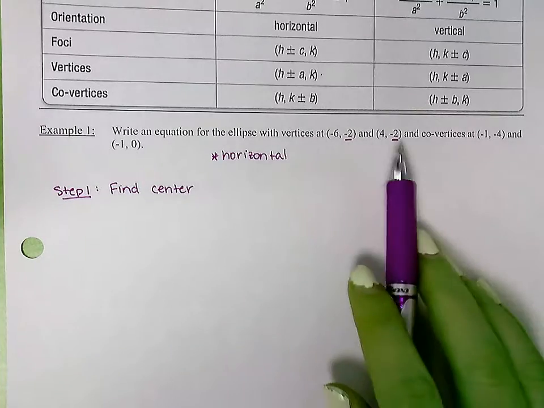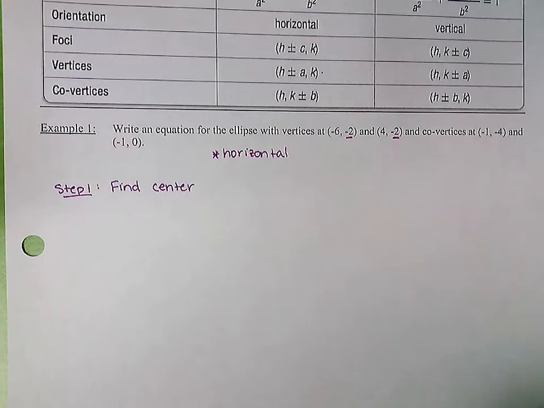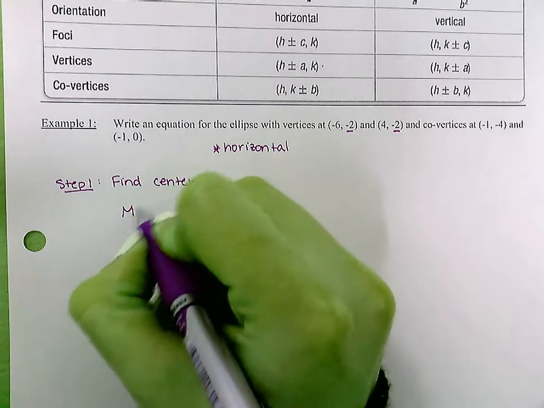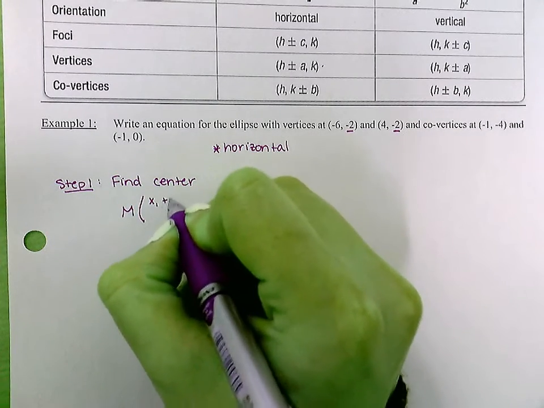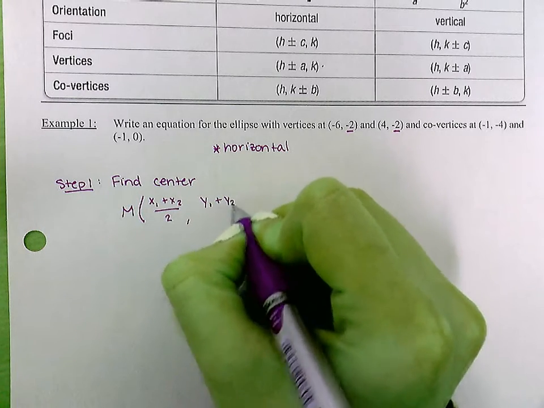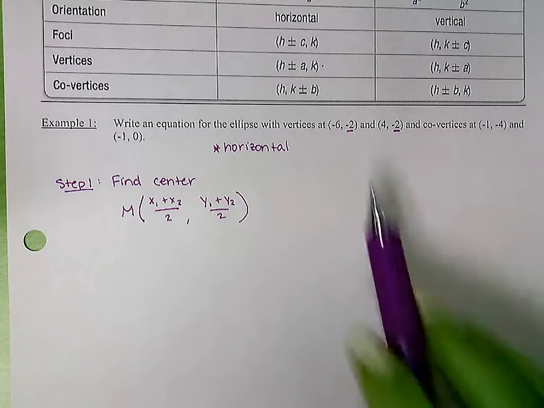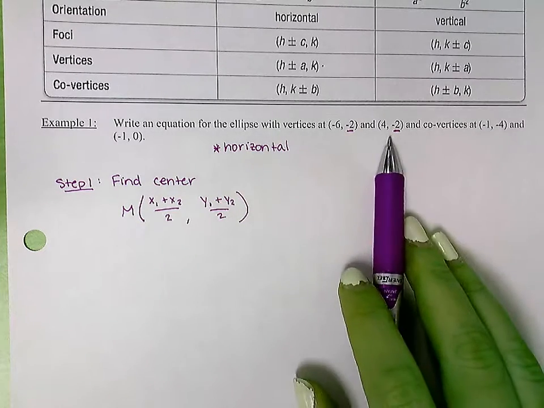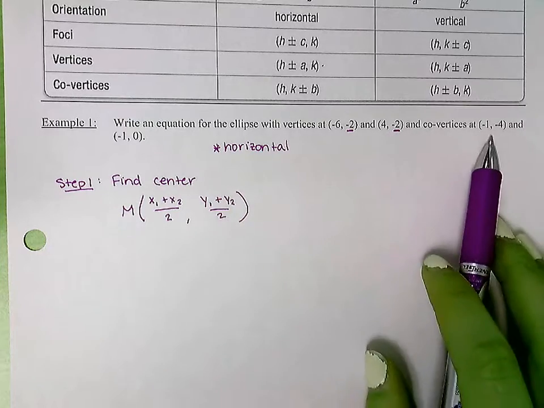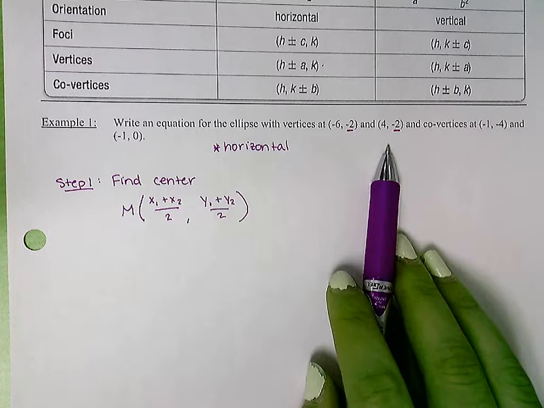So if I have these two vertices, to find the center, I'm going to use the midpoint formula. You could do the same thing with your co-vertices, but since I'm working with my vertices already, I'm just going to use those.